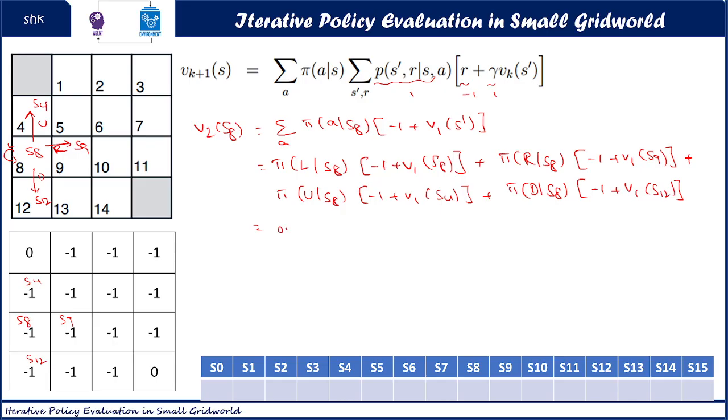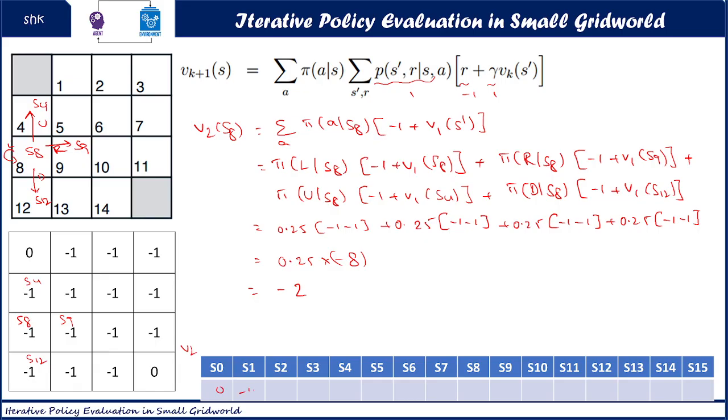So this we can rewrite as 0.25 into minus 1 plus 0.25 into minus 1 plus 0.25 into minus 1 plus 0.25 into minus 1, which gives us 0.25 into minus 8, which gives us minus 2. So what is the updated V2?